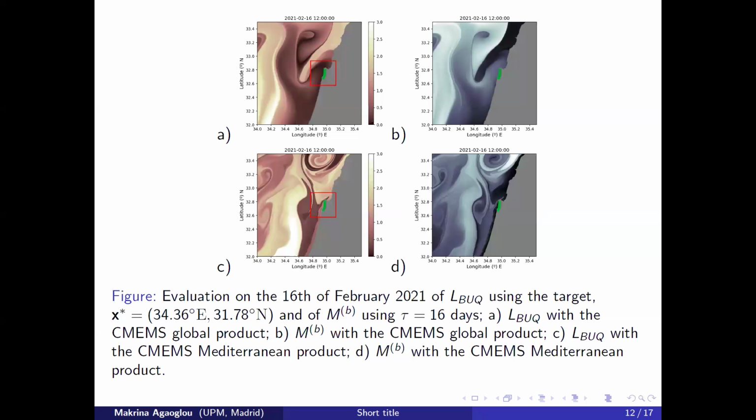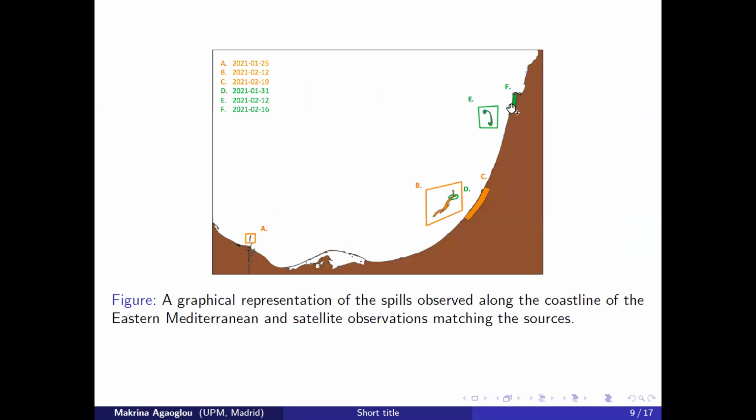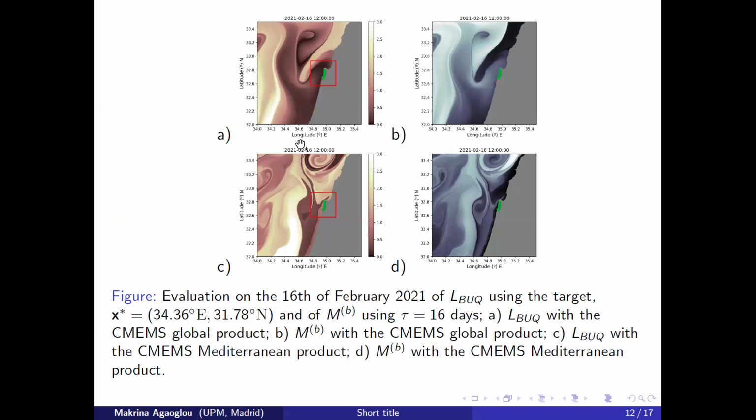So here, remember, in this coastline, the target backwards in time was this polygon D. So considering this origin, this target, we calculated the Lagrangian character quantification backwards in time.